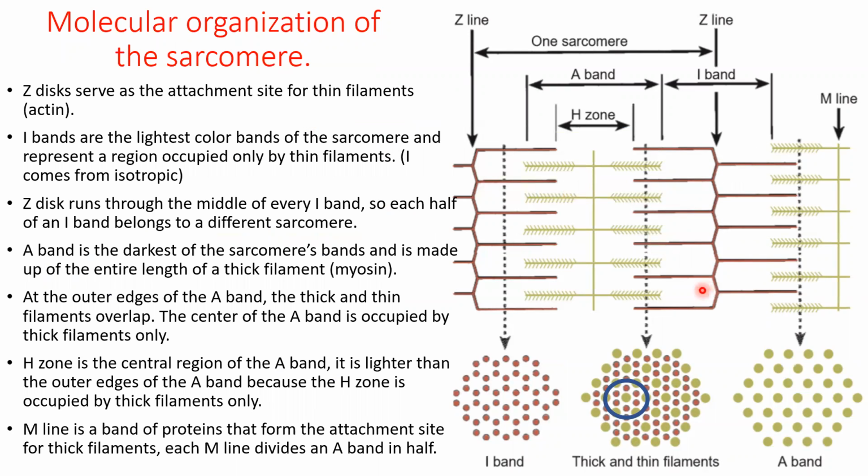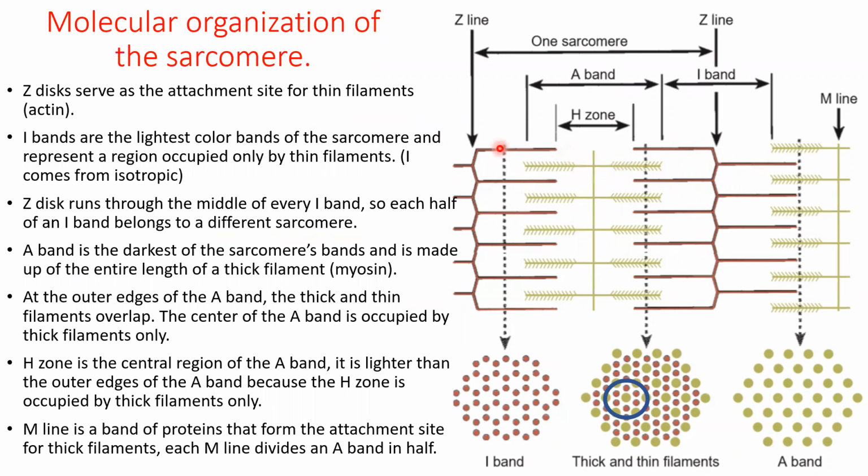Now, if you look at that structure as one sarcomere, there's a Z line, there's a Z line, there's my myosin, and so on and so forth. If you look at that structure, you have an overlapping region between actin and myosin. You have a region here where there's only actin, and a region here where there's only myosin.